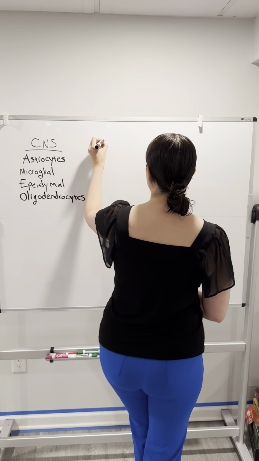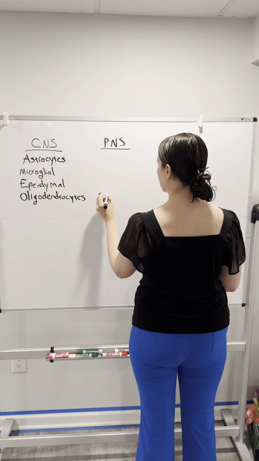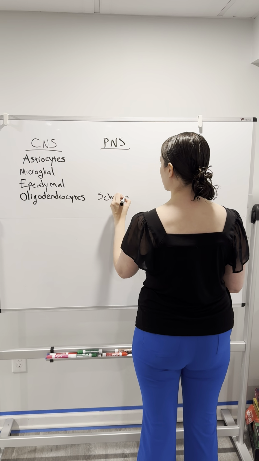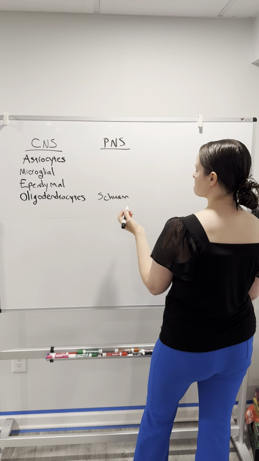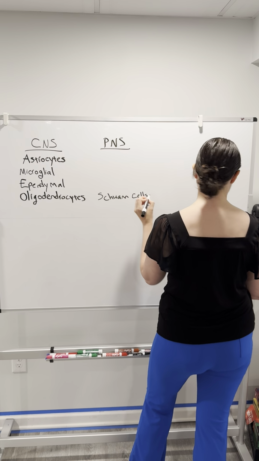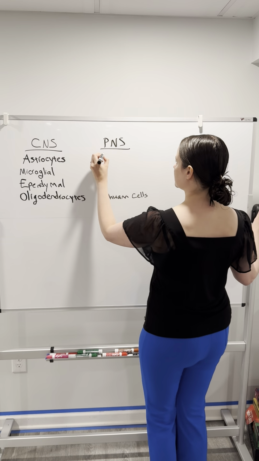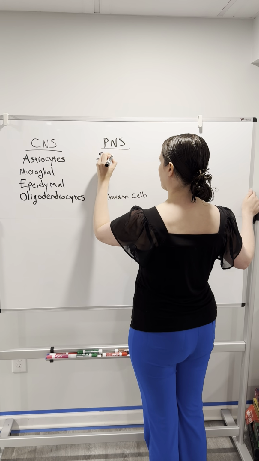In the peripheral nervous system, we have Schwann cells. These are what create the myelin sheaths in the peripheral nervous system, so Schwann cells. I just wanted to show the similarities there. And then we have satellite cells in the peripheral nervous system.